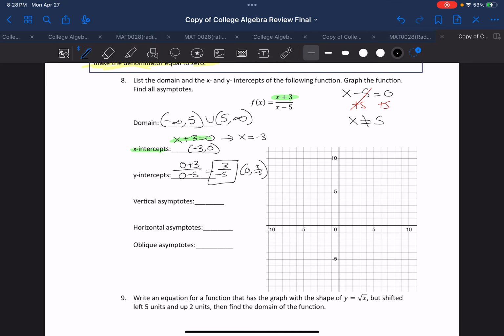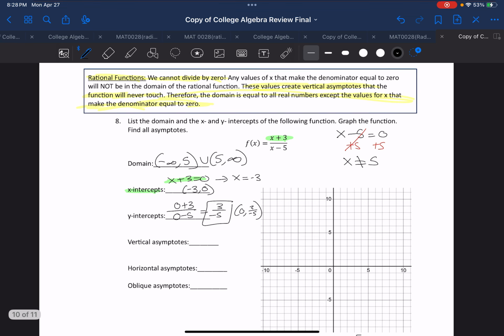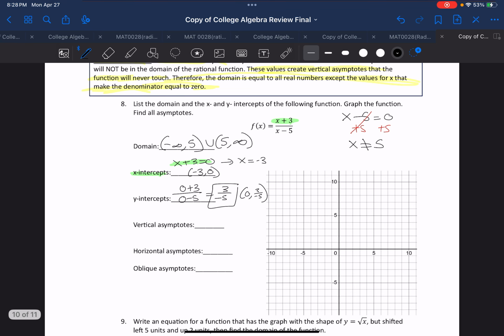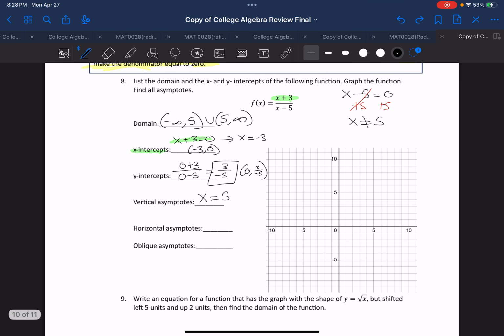The vertical asymptote, which is the vertical line that the graph will never touch, is x equals 5, because that was the value that made the denominator equal to 0. The horizontal asymptote came from those 3 rules I gave you about the degrees of the numerator and the denominator. So our function has the same degree on the top and the bottom, because the degree of x is 1 and the degree of this x is 1.